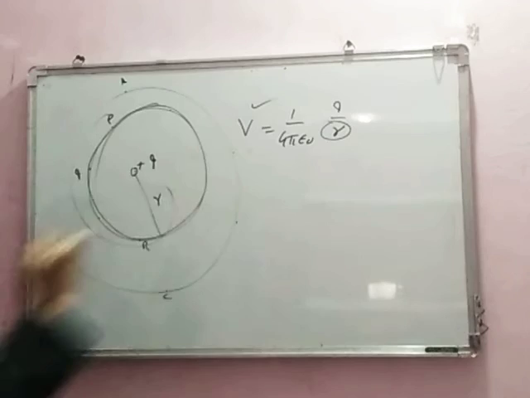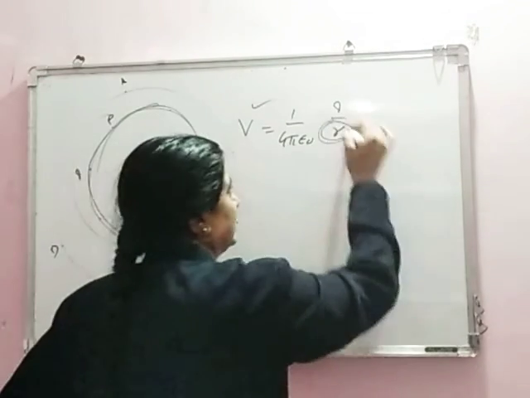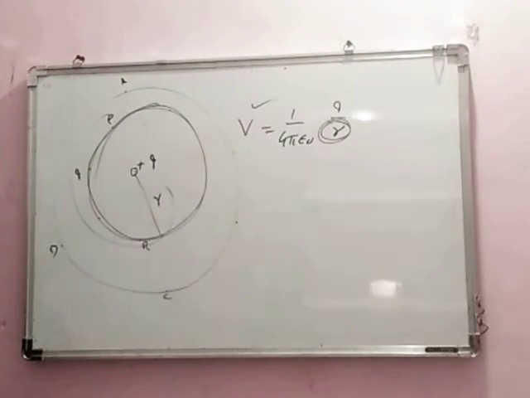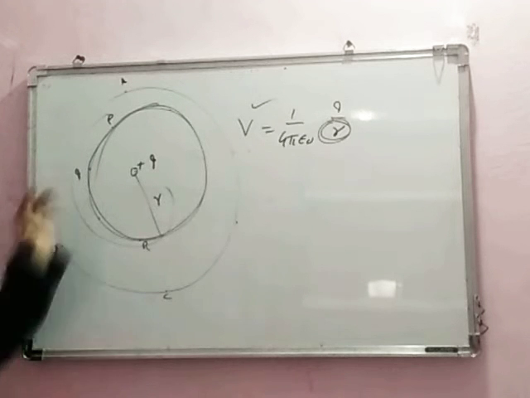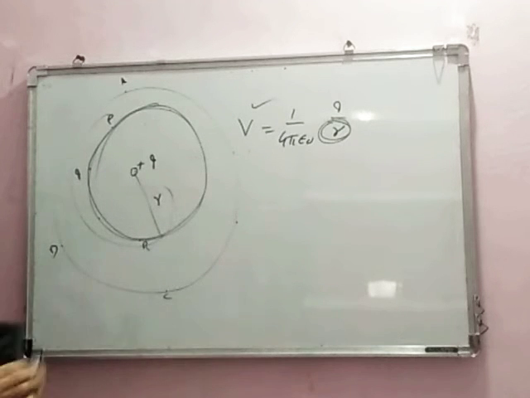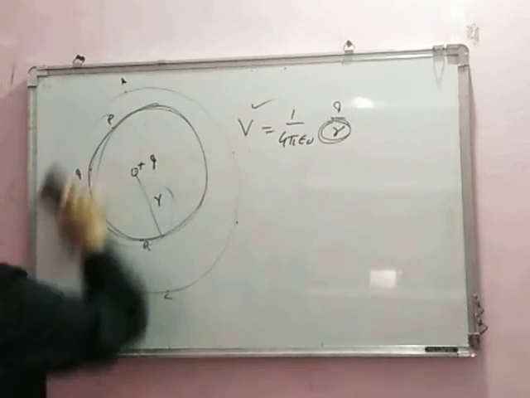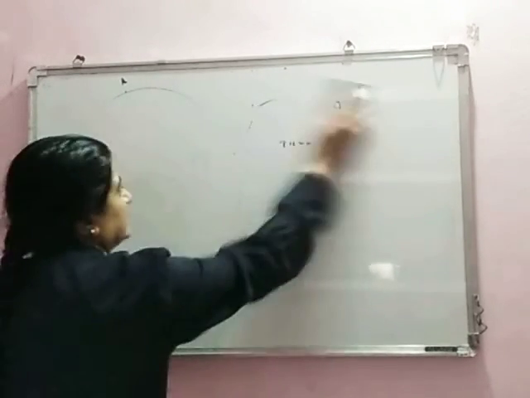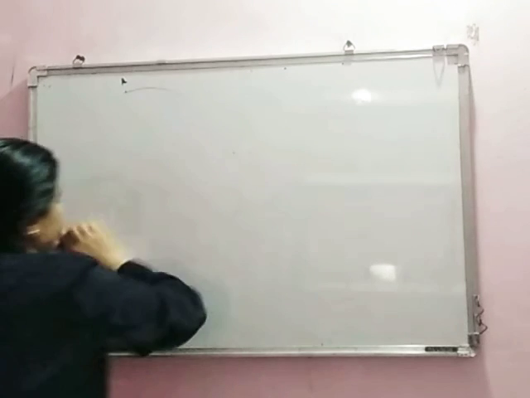It depends upon the distance R. So if the distance is same, then we can say that the potential we will get is equal. Such surfaces are called equipotential surfaces. Okay, this is about the equipotential.